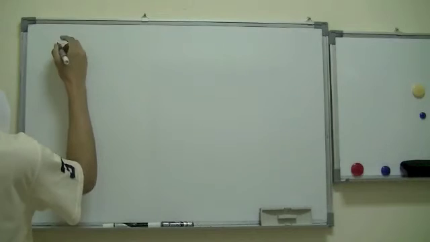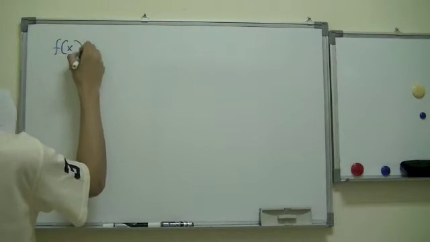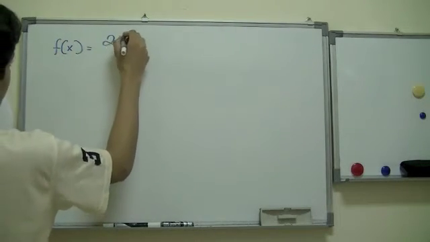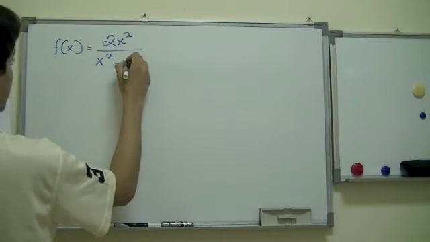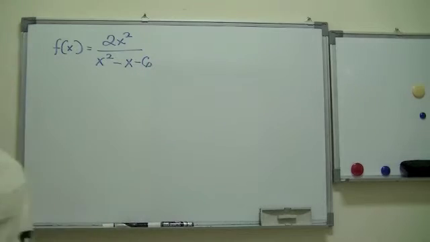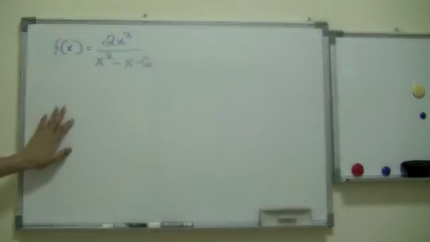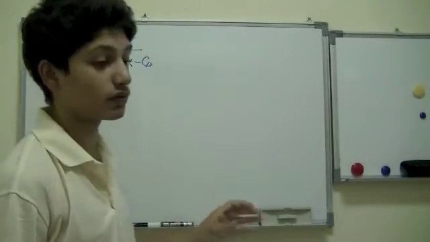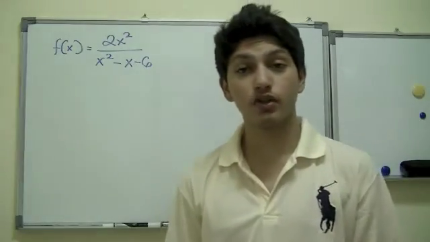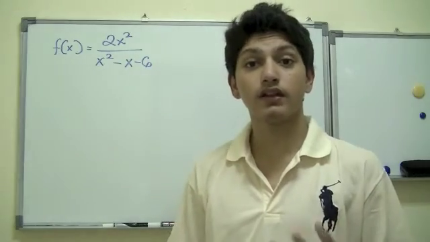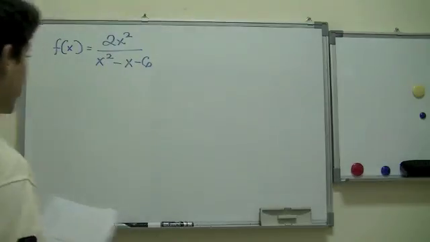For example, say you have f of x equal to 2x squared divided by x squared minus x minus 6. What we learned in partial fractions is to decompose the fraction, which in algebra is called partial fraction decomposition.